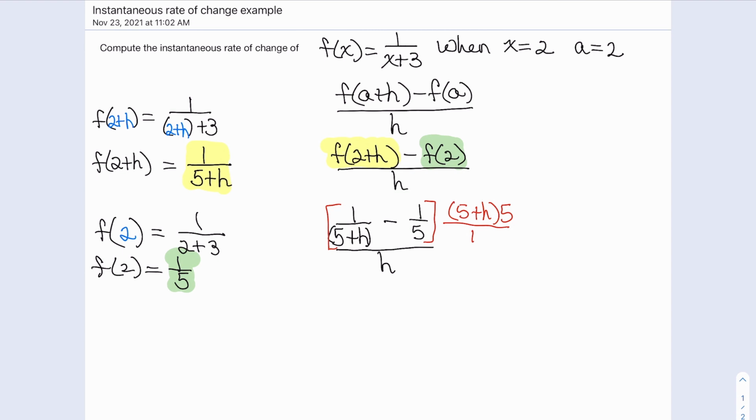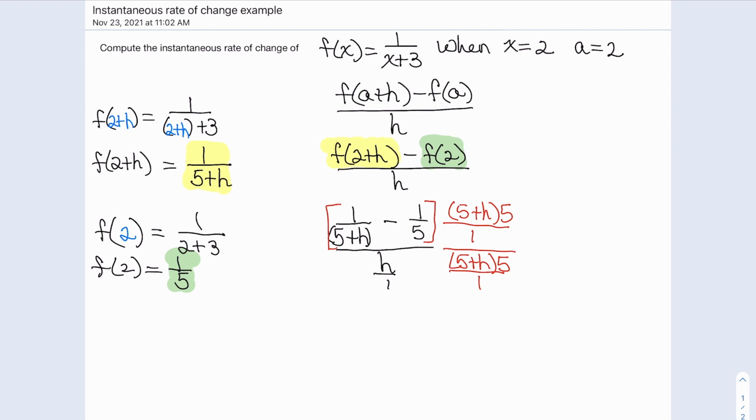But that would change the fraction. In order to make sure that I have the same original expression, I also need to multiply the denominator by that 5 plus h times 5. I'll put that over 1 and recall that my h is over 1 to realize that's in the same line of multiplication.